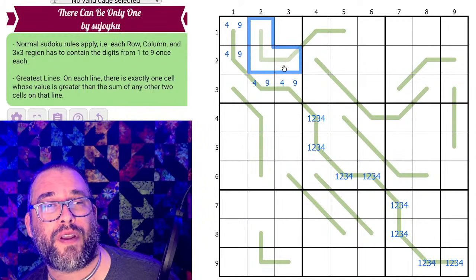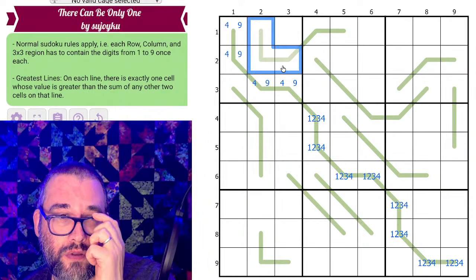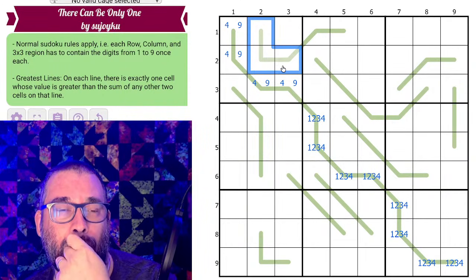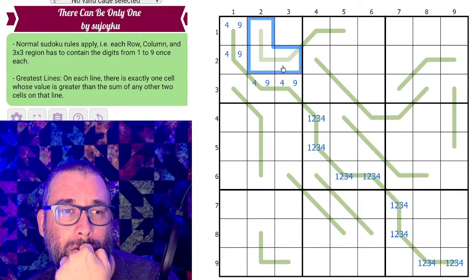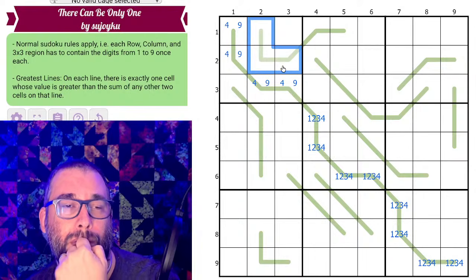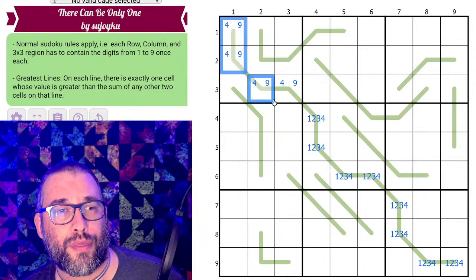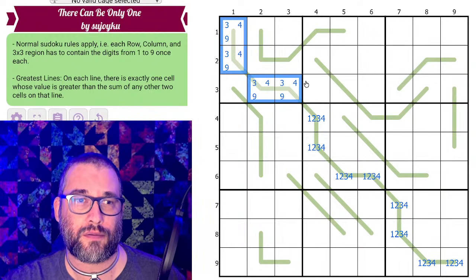And then you'd have 3, 5, 8, and that busts. So there's also a 3 on this line.